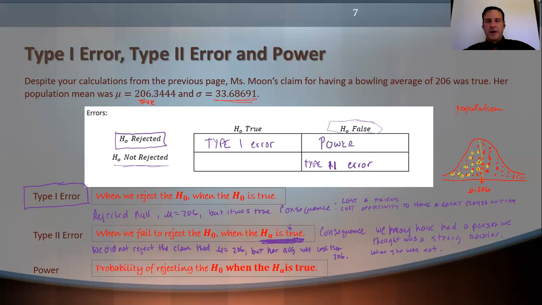So you're given a bad claim, an incorrect claim, and you have data that supports it versus some alpha cutoff that was provided. So oftentimes people ask, what's in here? Nothing. There is no name for this location, so we just leave it blank.